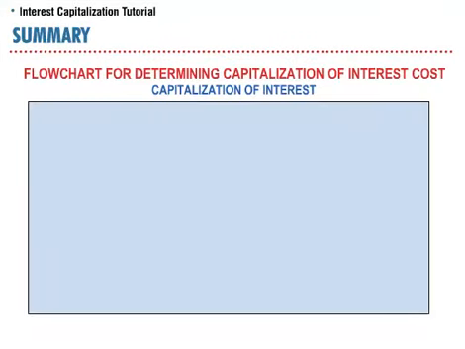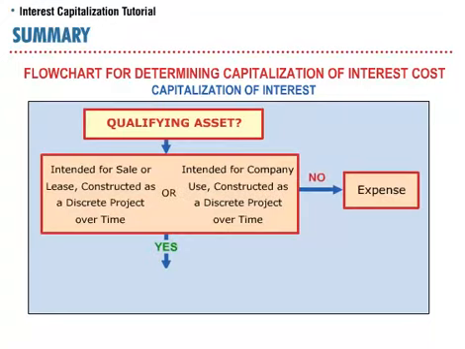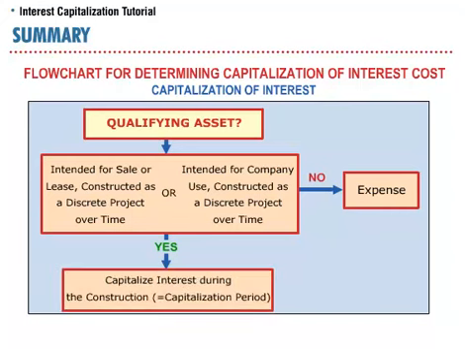The first step to determine whether to capitalize interest is to determine if the item is a qualifying asset. A qualifying asset is one that is intended for sale or lease and constructed as a discrete project over time, or an asset intended for the company's use, constructed as a discrete project over time. If the asset meets these criteria, you must then determine the capitalization period.